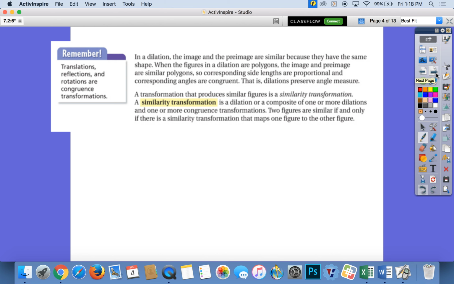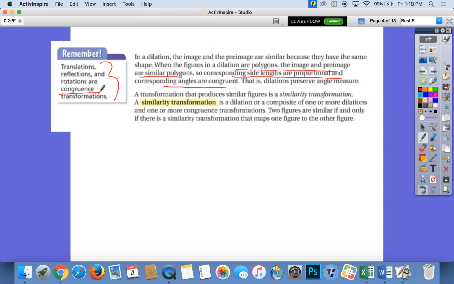We know with the dilation, the image and the pre-image are going to be similar. So your corresponding sides are proportional and your angles are congruent. Alright, there's your definition of similarity that we dealt with a couple days ago. However, with your translations, which is your slide, your reflections, which is a reflection over a mirror, and your rotations, you're going to be congruent transformations.